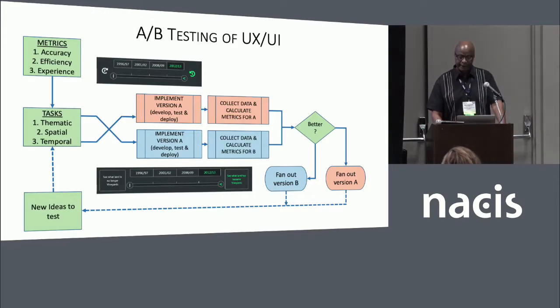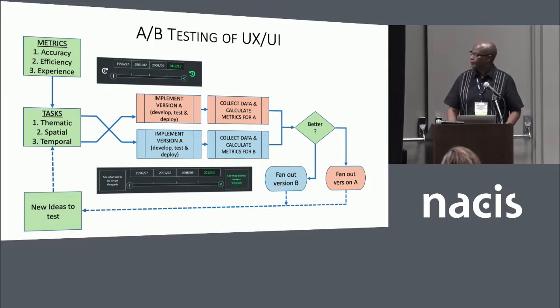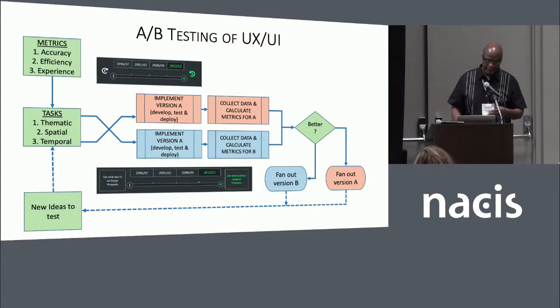Now, the testing itself was conducted by, first of all, selecting the metrics, which were, of course, efficiency, accuracy, and experience. And then we turned those into tasks. Again, these would be the thematic, spatial, and temporal tasks.